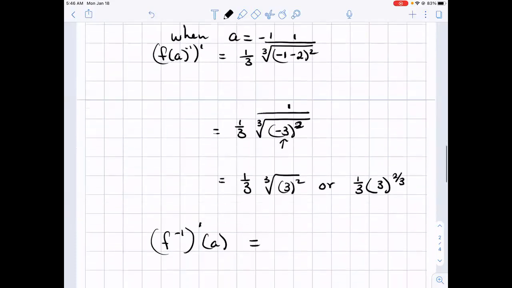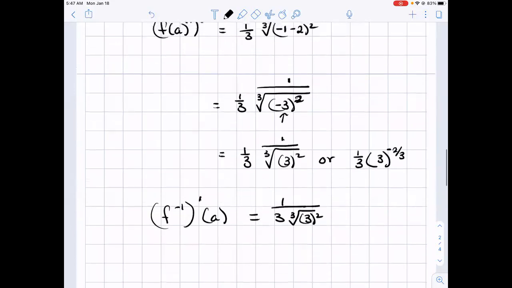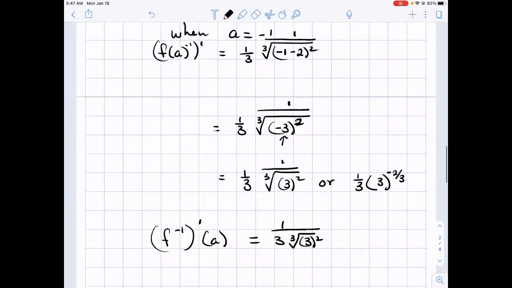Okay. So simplifying this would be 1 over 3 times the cube root of 3 squared. Okay. So this will be the derivative of that. And keep in mind that this is a times here, right?